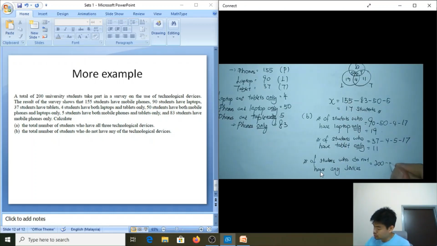So minus 155, minus 19, minus 4, minus 11. So what is the answer? 11 again. So 11 students do not have any of the technological devices.